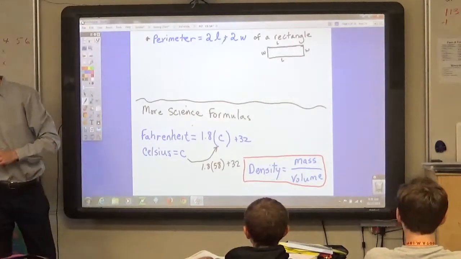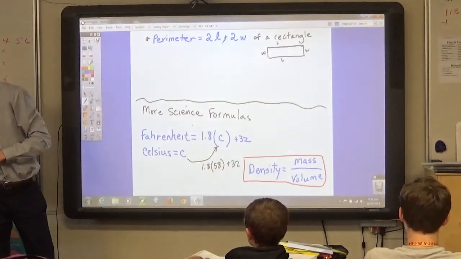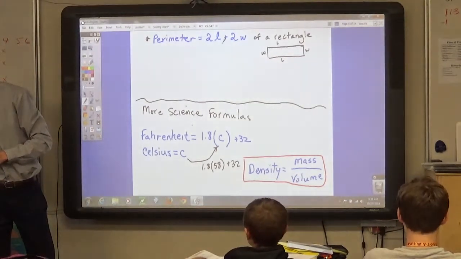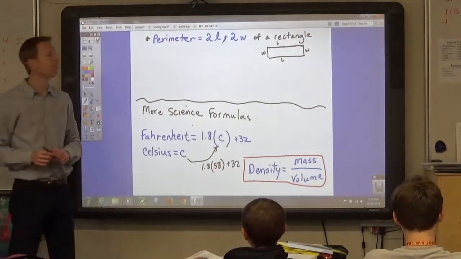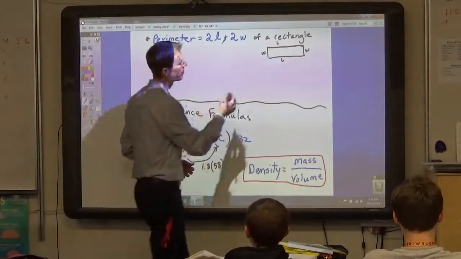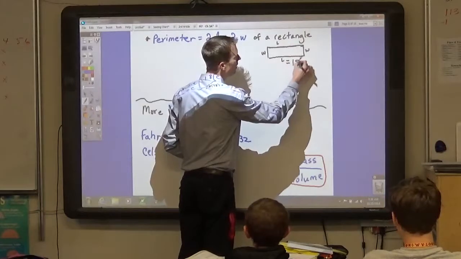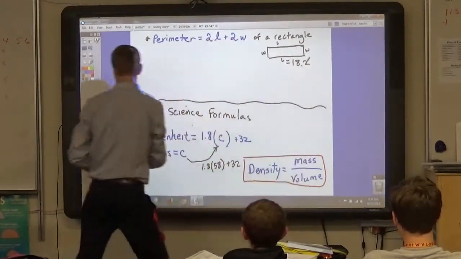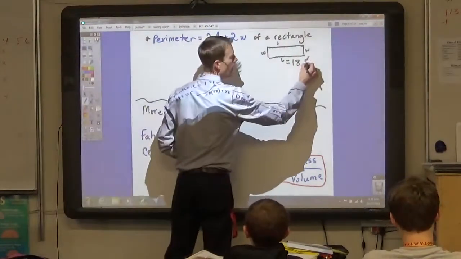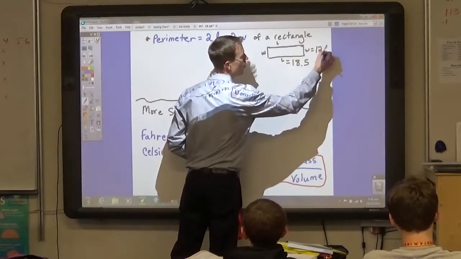What if you're given a length of 18.5 and a width of 12.5? The length is 18.5 and the width is 12.5.